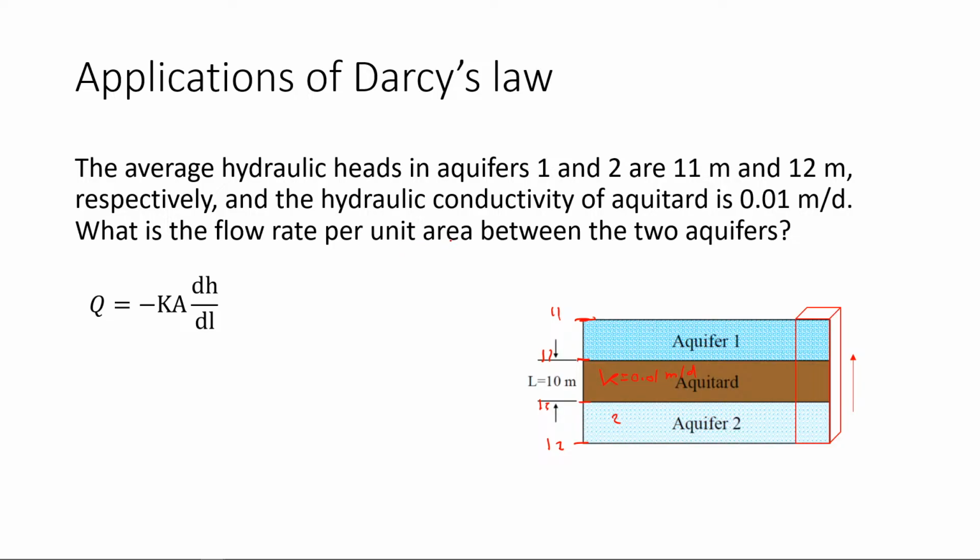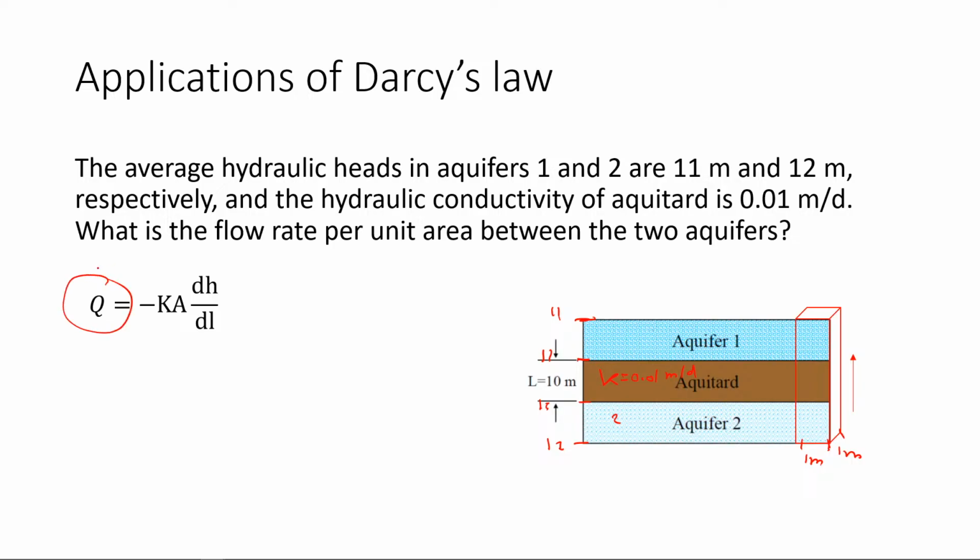What is the flow rate per unit area between the aquifers? Per unit area means that I have 1 meter in the x direction and 1 meter in the y direction. So I have this column here, and the distance from aquifer 1 to aquifer 2 is 10 meters. In this column, just 1 meter by 1 meter, how much water am I expecting to see?